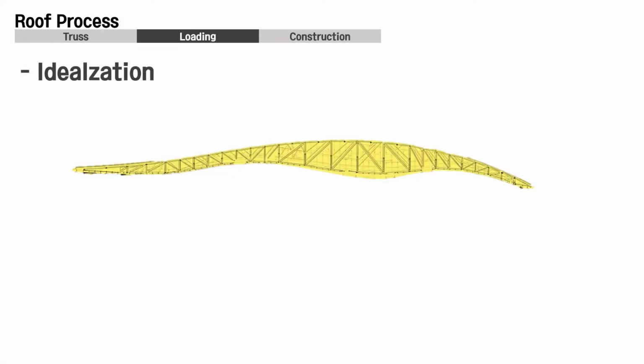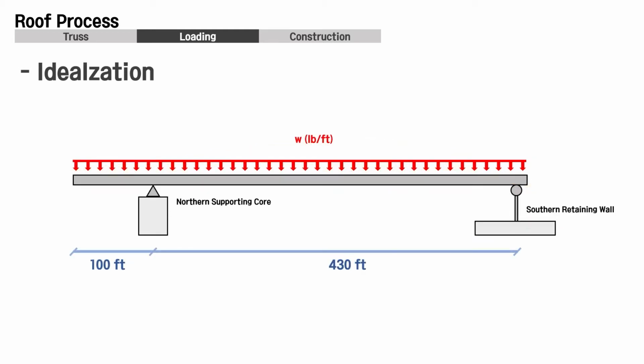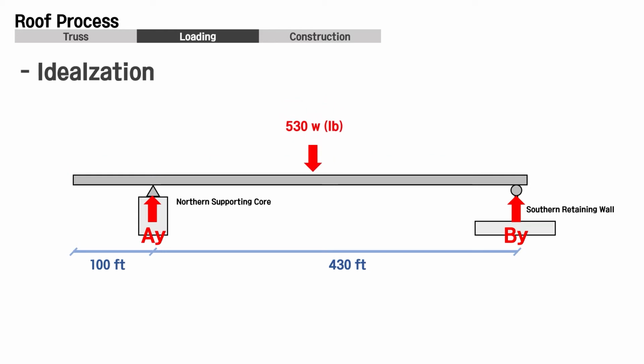So, we idealize the complex curvature truss to a straight line truss and assume the total weight is W pounds per foot. We can get the reaction force AY at the northern support core and BY at the southern retaining wall. After replacing the distributed load with a concentrated load, we can set up some equations to obtain the values of the reaction forces AY and BY.